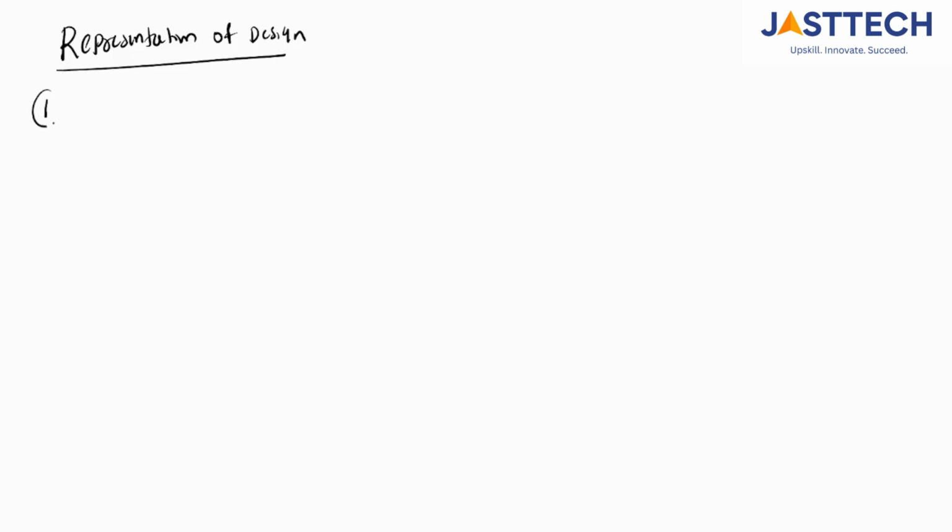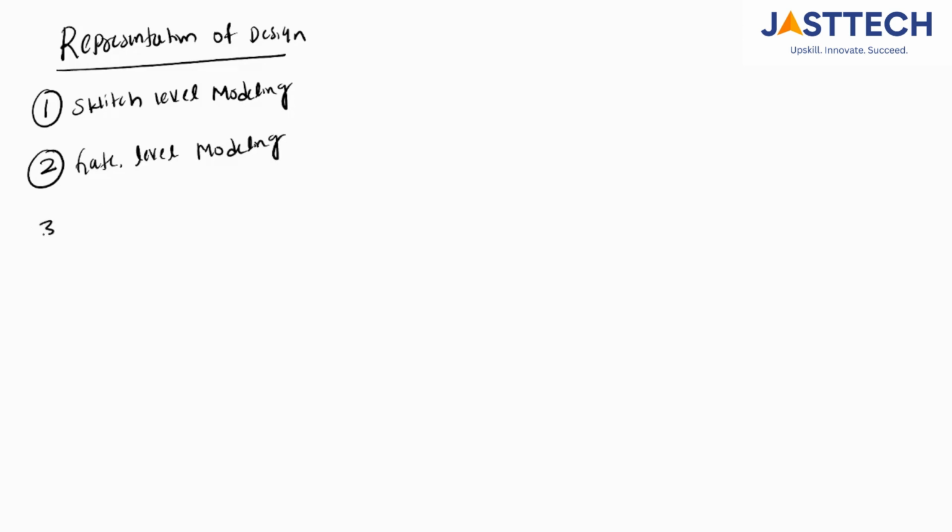It is represented first as switch level modeling, and next is gate level modeling, and next is data flow modeling, and next is behavioral modeling.